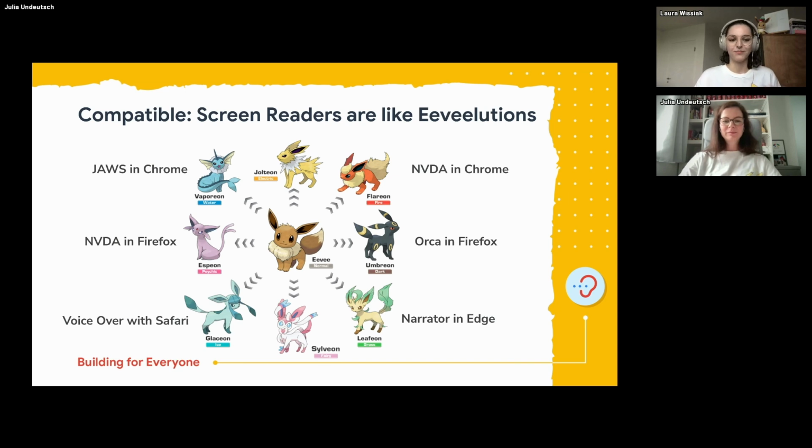So obviously I chose JAWS for Vaporeon because it fits just very well with the water theme. But JAWS in Chrome and JAWS in Firefox, for example, don't necessarily behave the same. Or JAWS in Chrome and NVDA in Chrome, which are two of the most commonly used combinations.